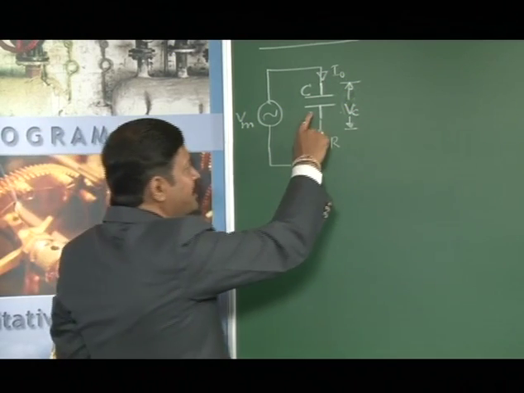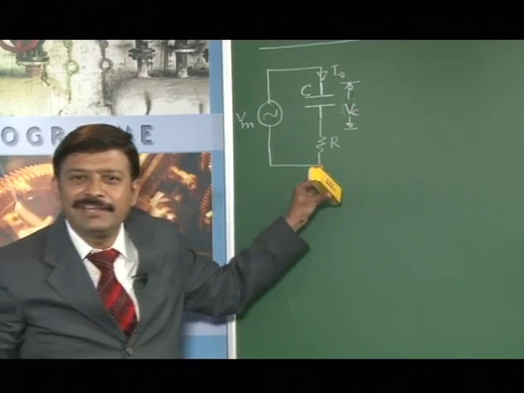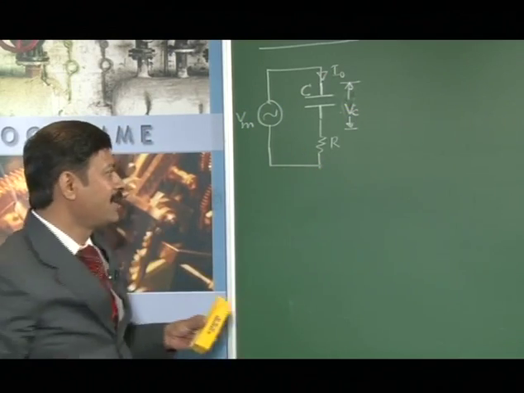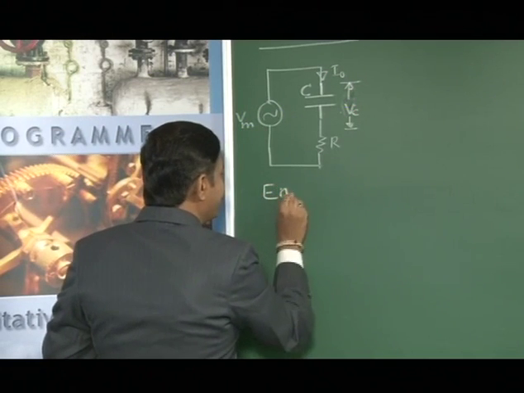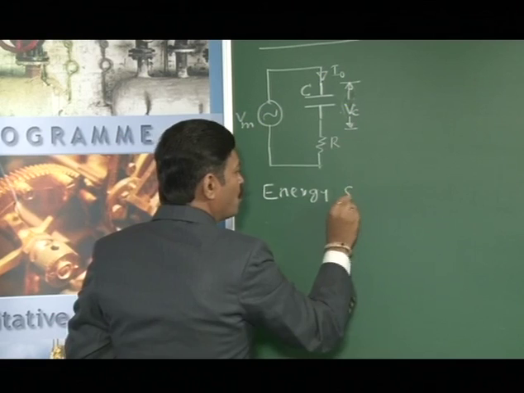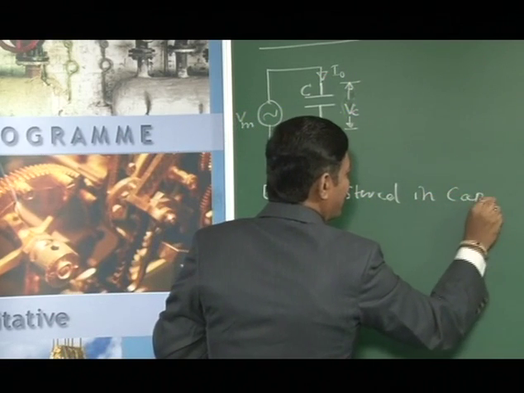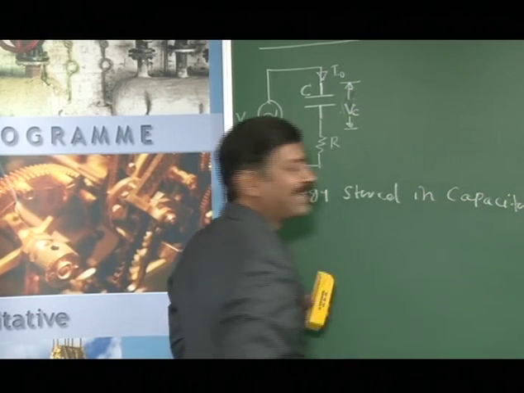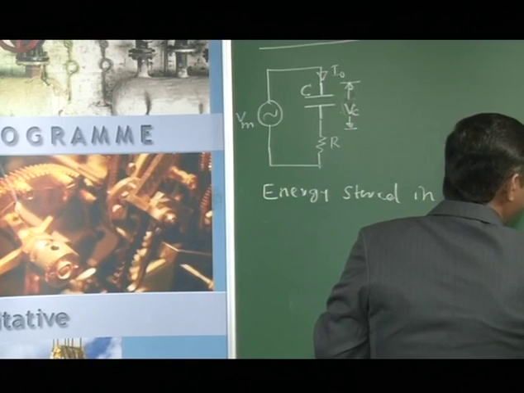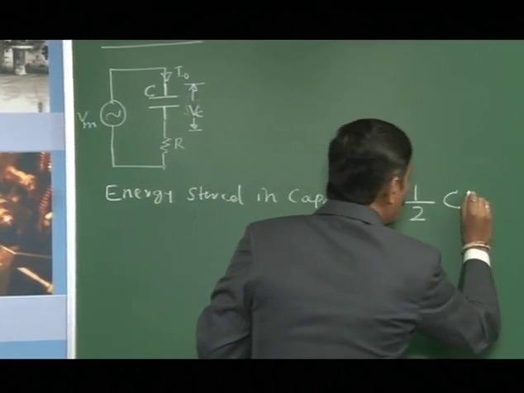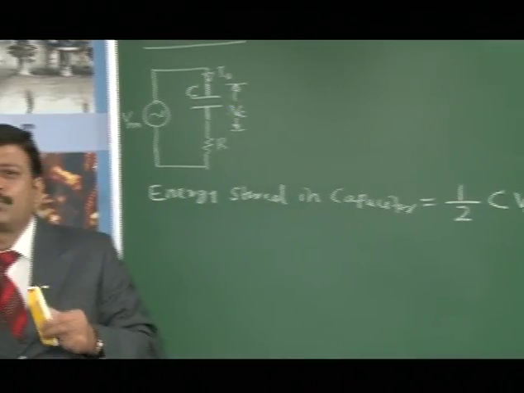Here the energy storing element is the capacitor and the energy dissipating element is the resistor. Similar to the inductor, I will take energy stored in capacitor, which I will write as half C, capacitance C, into voltage across capacitance square, half C Vc square.